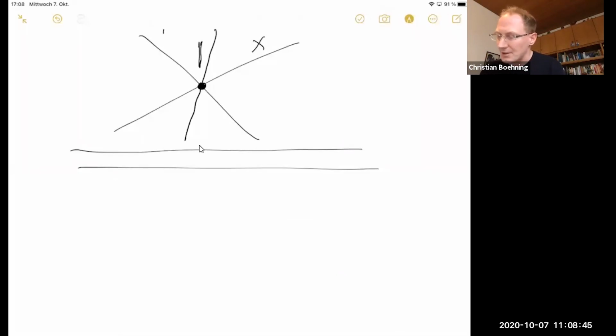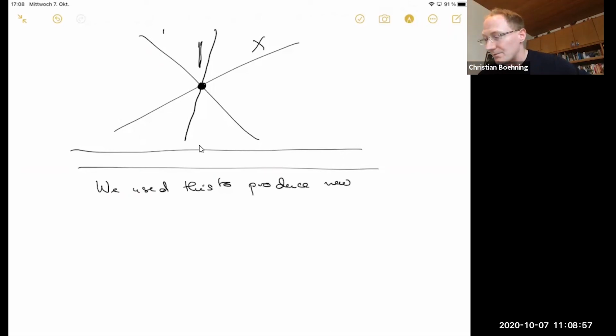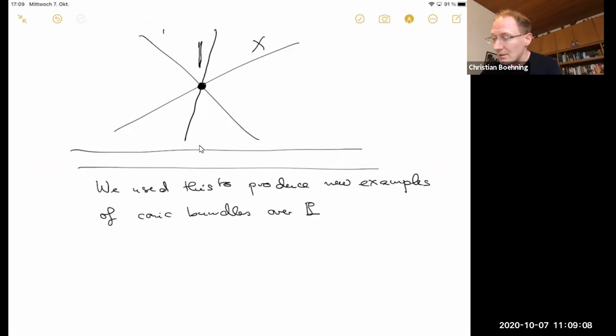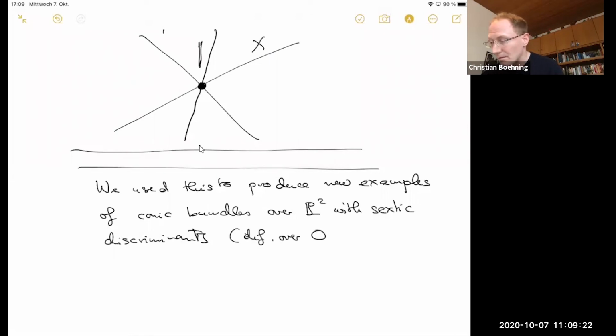But I want to say that we used this whole theory to produce new examples of threefold conic bundles over P2 with sextic discriminants in characteristic 0, defined over Q, that are not stably rational.